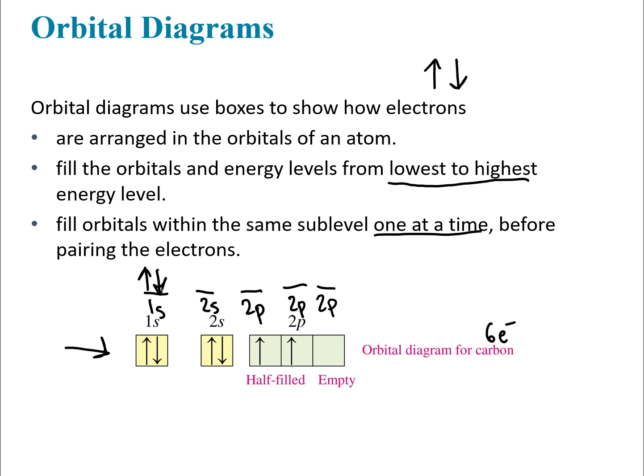We can fit 2 electrons there. We're going to move up 1, and fill the 2s because that is the next lowest in energy. So now we have filled 4 slots. We still have 2 more electrons to place. Instead of placing them in the same orbital, we're going to give them some space. The electrons don't want to pair up unless they absolutely have to.